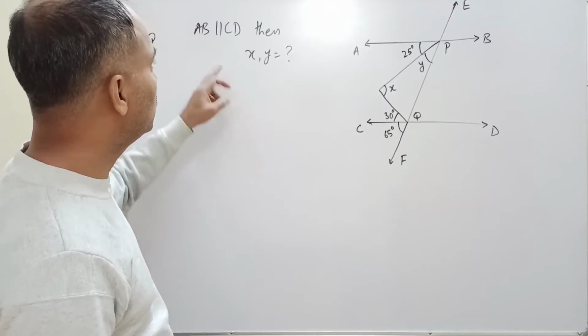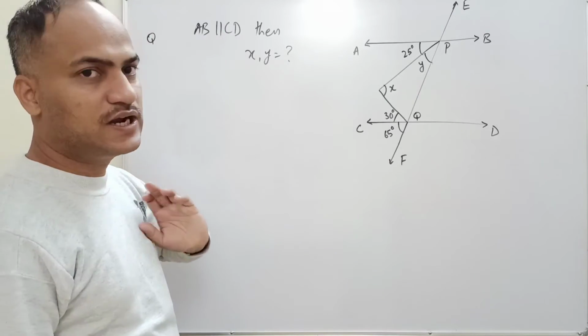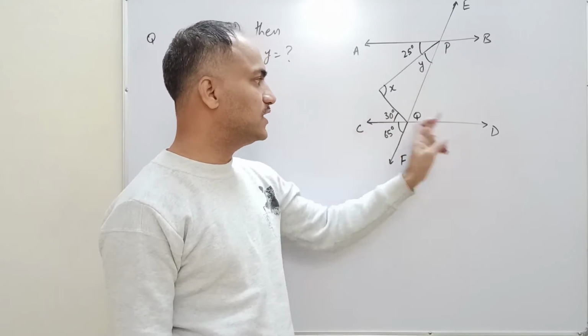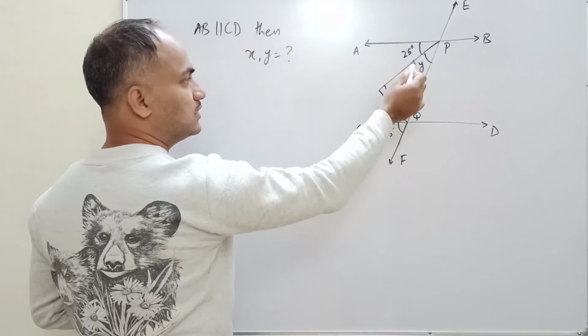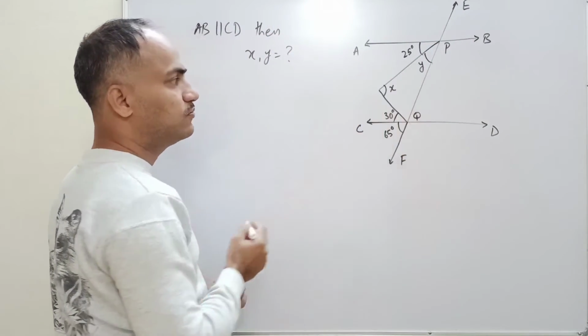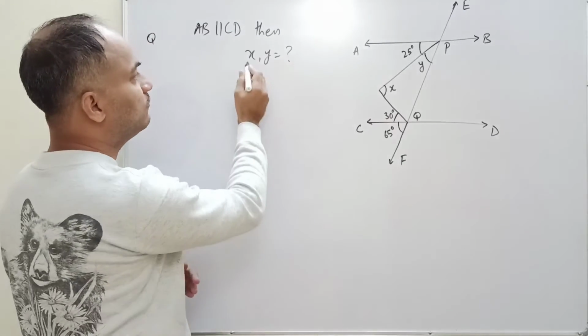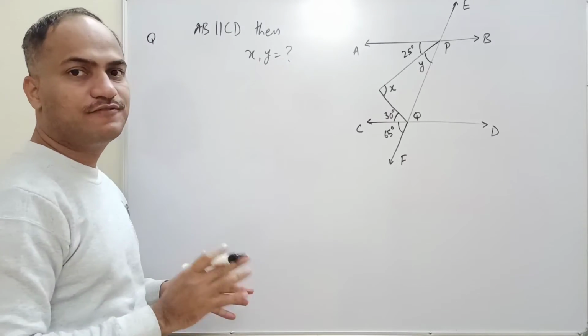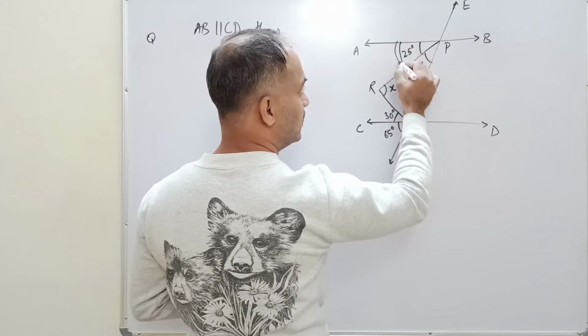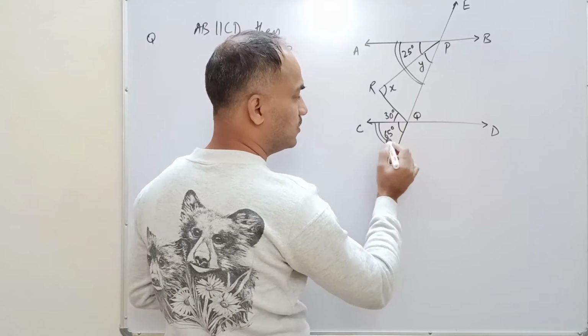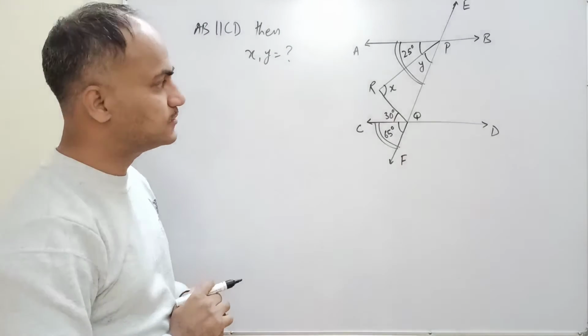Here in this question, we are given that AB and CD are two parallel lines. These two are parallel lines, and this is a transversal. And in this figure, triangle ABC is formed. Here we have to tell what is the value of x and y. So first of all, we see that this entire angle is equal to this. Reason? They are corresponding angles.